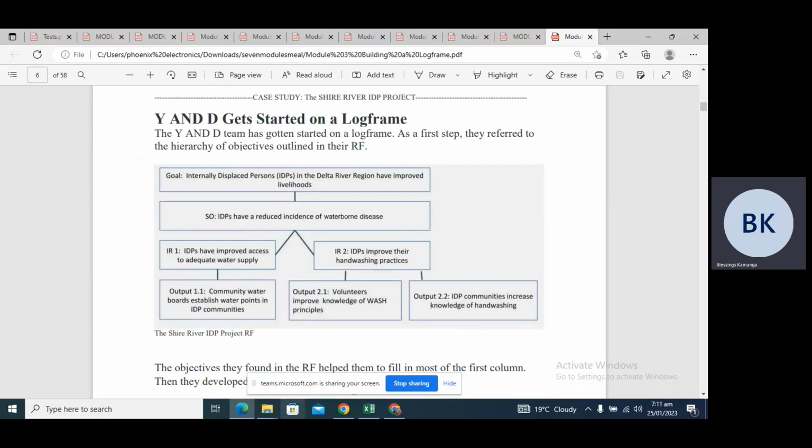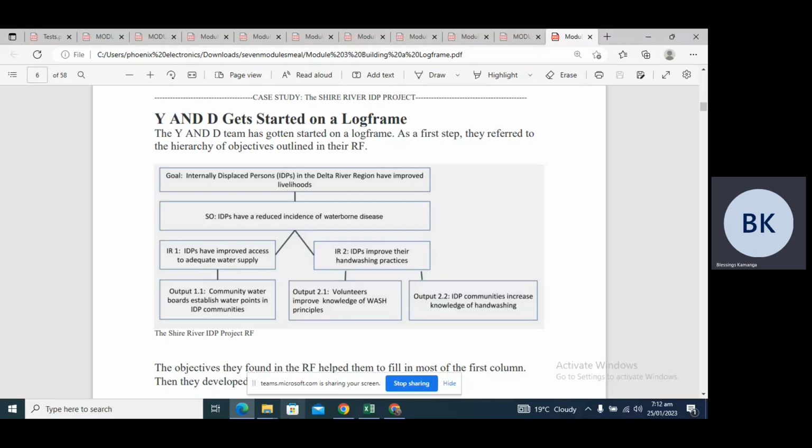For instance, look at this. The goal of the Y&D project that we're talking about is that internally displaced persons in the region have improved their livelihood. Essentially, we have a reduced incidence of waterborne diseases as the result from it. And then the IDPs have access to adequate water supply.